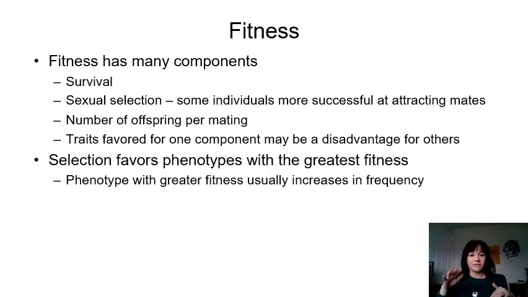So there's kind of a bit of a balance, a back and forth amongst these different traits. Again, whatever individual has the greatest fitness, those individuals are going to get to pass on their genes, and their genes are going to be seen in a greater proportion in future generations.